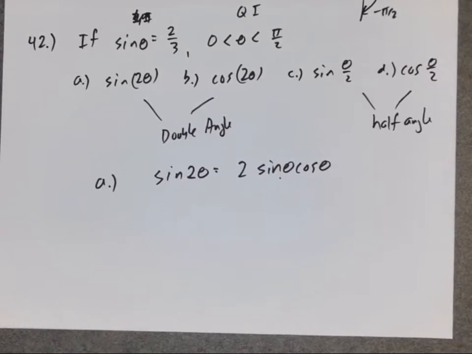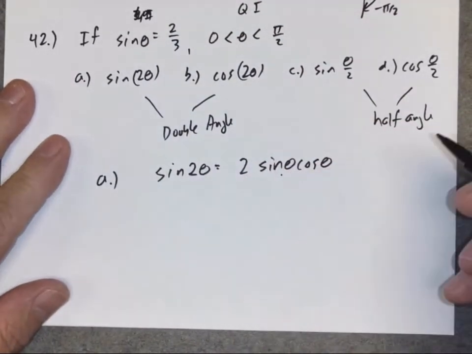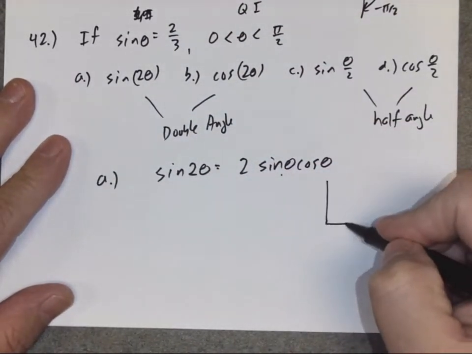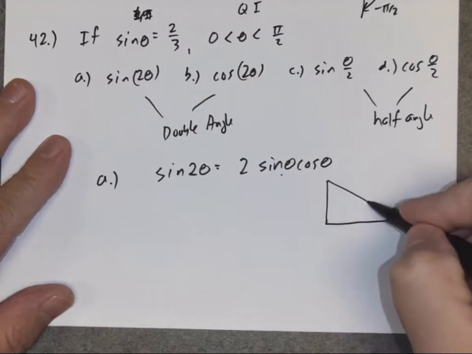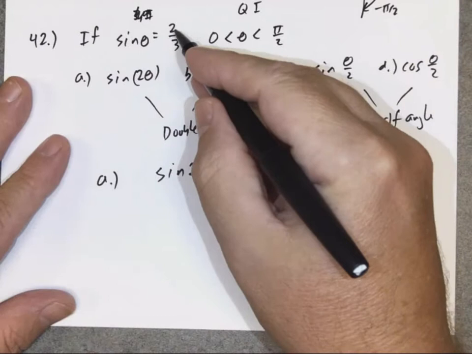So that makes it easy, because you know what quadrant 1 is? All the trig functions are positive. So I don't have to worry about, oh, do I need to add a negative sign or not? Everything's positive. So what I'm going to do is I'm going to take my sine, and I'm going to create a right triangle, just like we've done many times before. Sine of theta is 2/3.